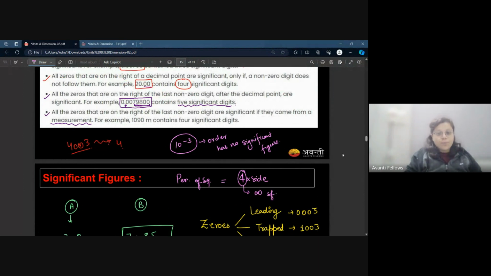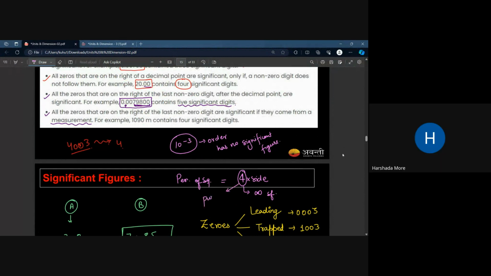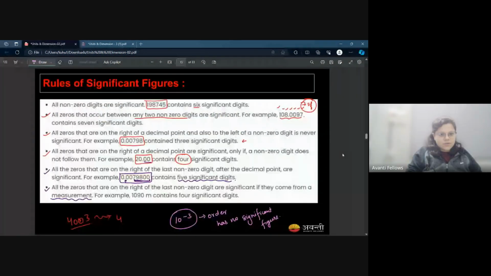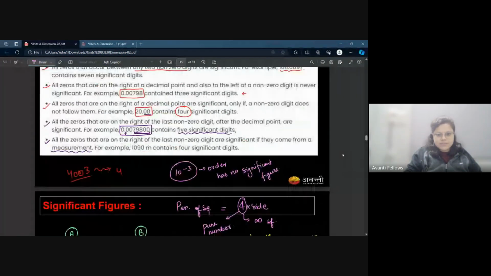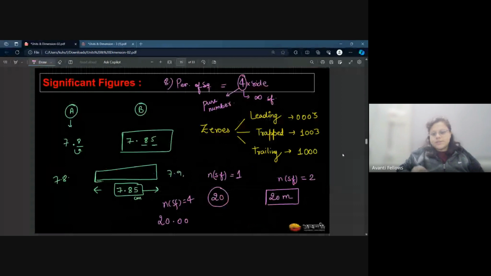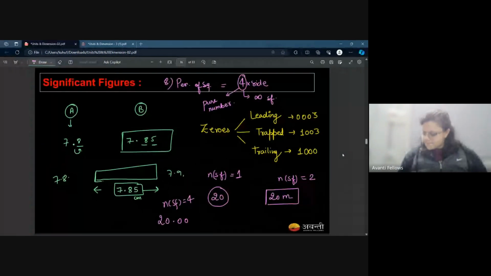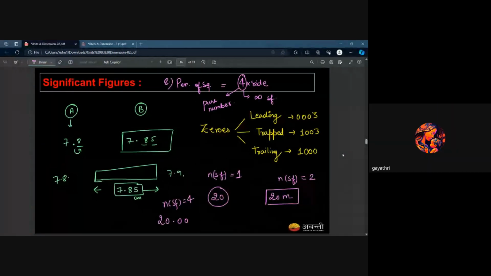Okay, so pure numbers have infinite significant figures. Is that okay? Yes, ma'am. So you have 1, 2, 3, 4, 5, 6. This is the 7th rule, and this is the 8th rule. Is it okay? Okay, ma'am.